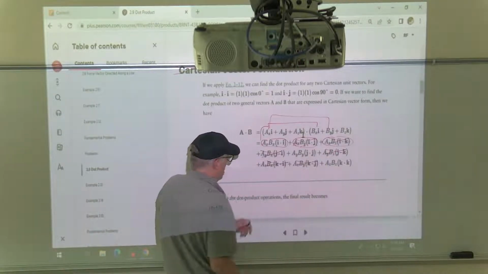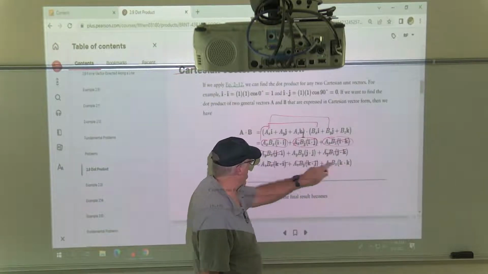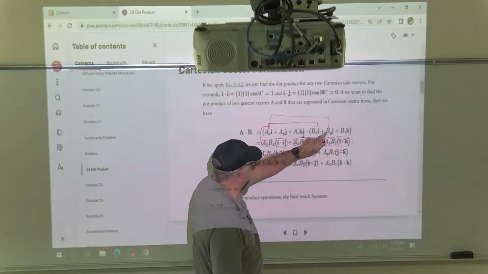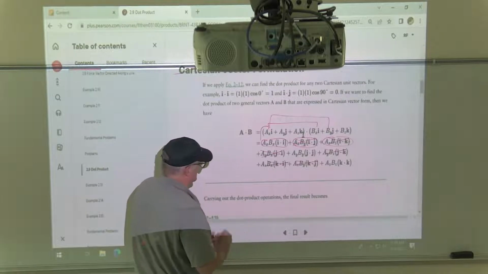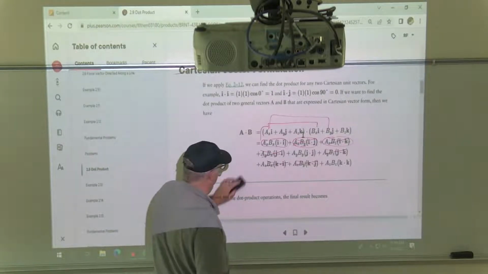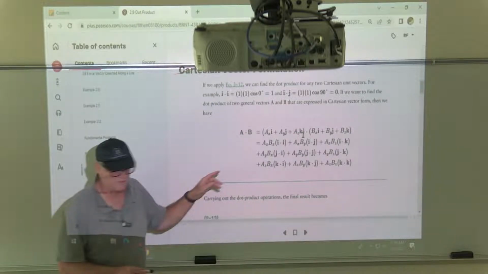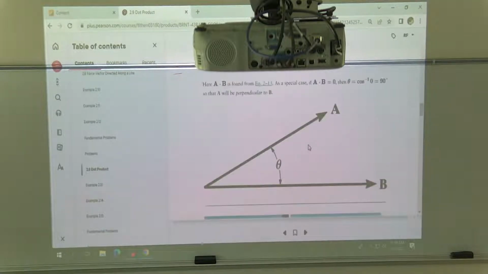The rest of them go away, so I dot I is 1, J dot J is 1, K dot K is 1, so you get AX BX plus AY BY plus AZ BZ. We already did that. We even used this to break down his little three-dimensional thing.